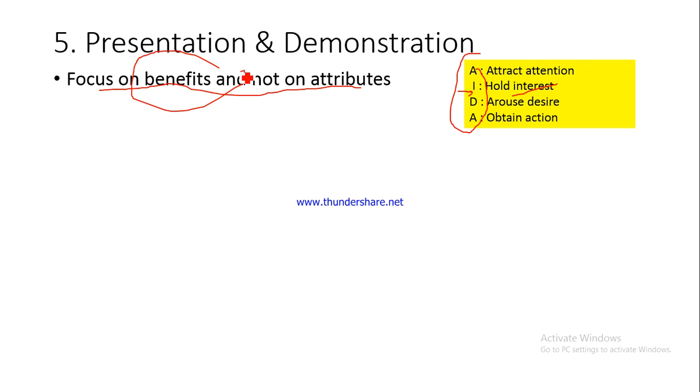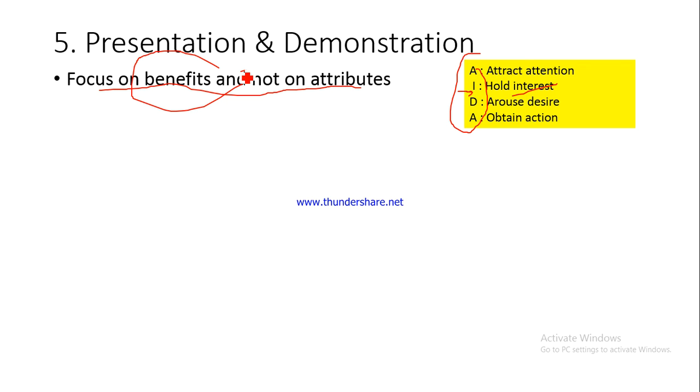So don't tell him that this car has a power steering. Tell him that you don't need to exert great force to turn the steering. You can turn the steering with just one finger also. This is the benefit which has happened because of the car having power steering. So power steering was an attribute, while the benefit is what we are going to focus on, because the prospect understands the benefit. He may or may not understand the attribute.